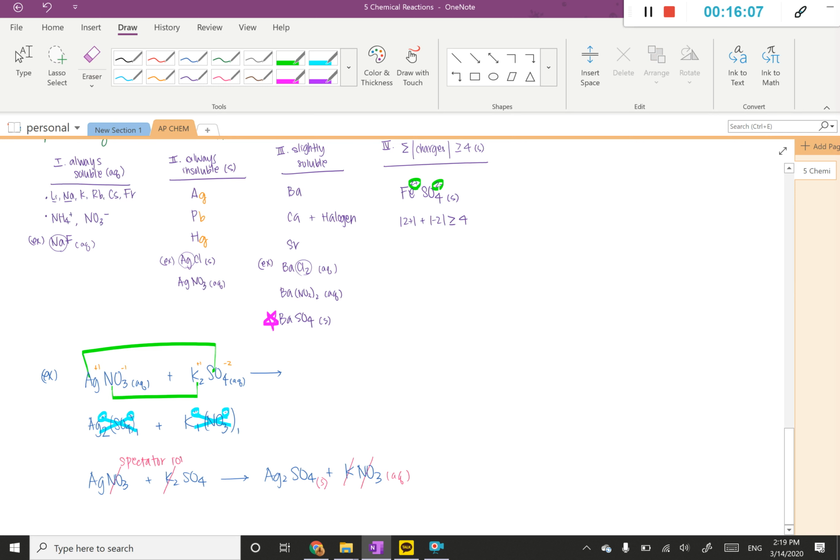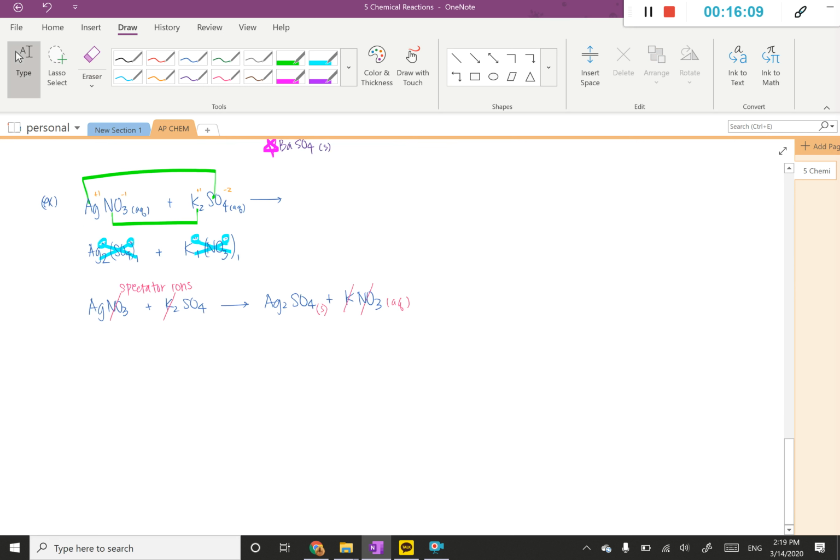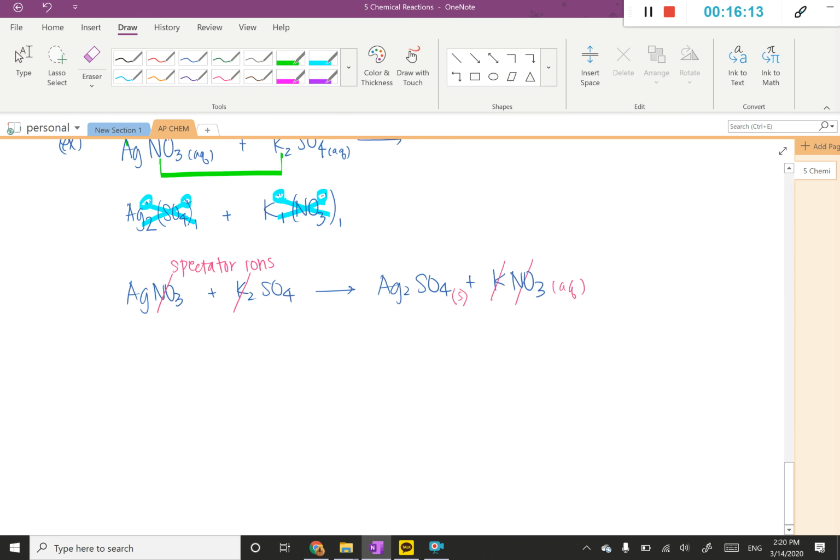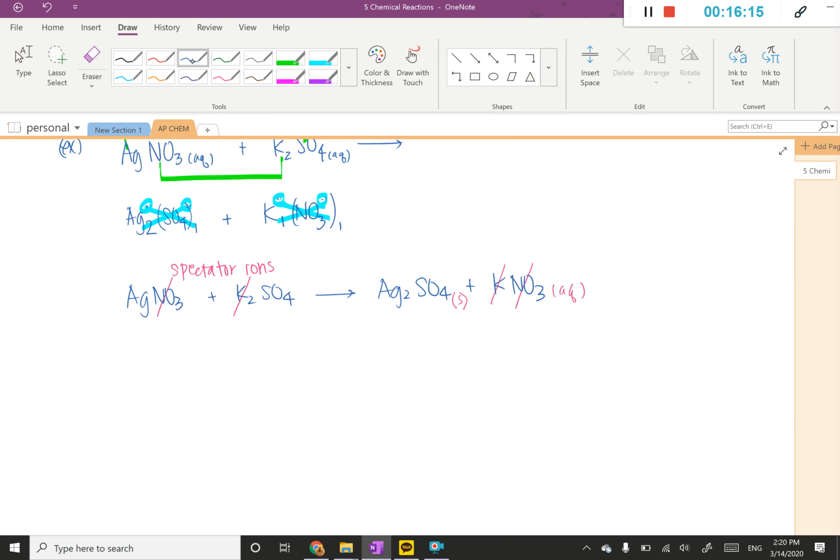So aqueous ions are still going to be floating around in water, and these are going to be called the spectator ions. If they were to ask you to come up with your net ionic equation, your net ionic equation will be silver ion plus sulfate ion yields Ag2SO4, which is a solid. All we want to know is who is the star of this chemical reaction? Who is getting married?